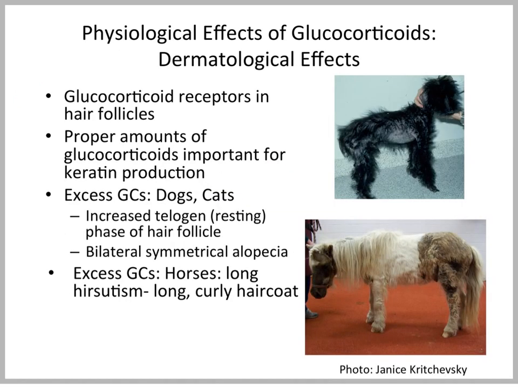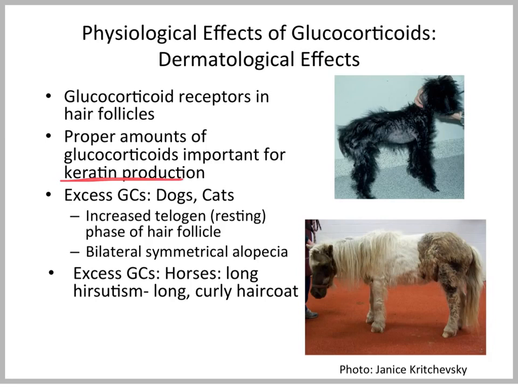Throughout this presentation, I've alluded to some skin effects of glucocorticoids, and I think the way to sort of simplify our thinking about it is to know that glucocorticoid receptors exist in hair follicles. Proper amounts are important for keratin production. That's the physiological effect.